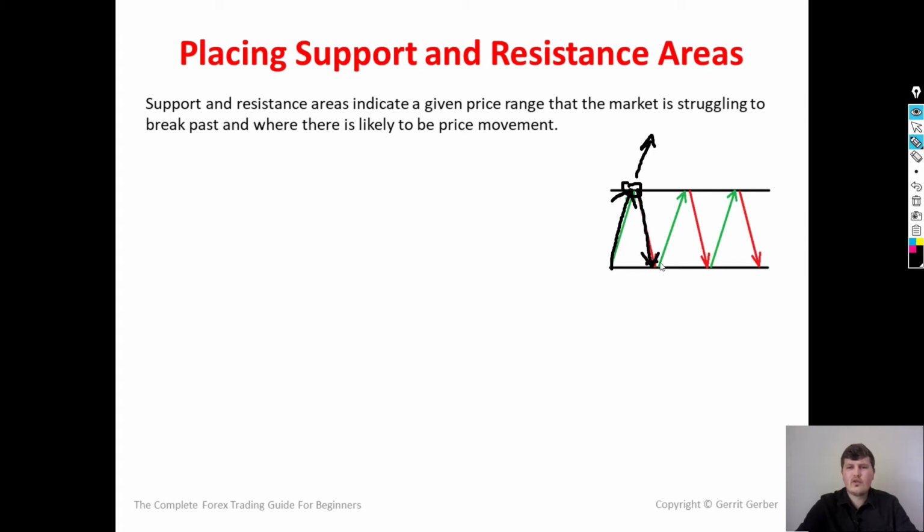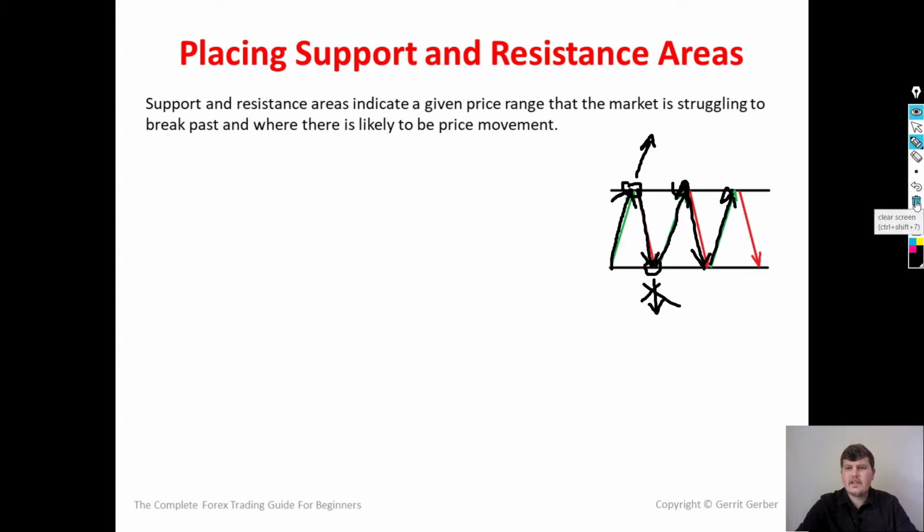Similarly, at the floor or the support area of the room, there's a reaction again. It struggles to break past the floor area, and it heads back towards the roof or the resistance, and it continues this cycle a couple of times.